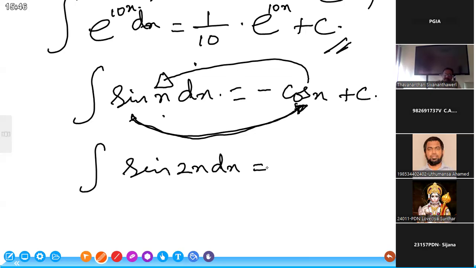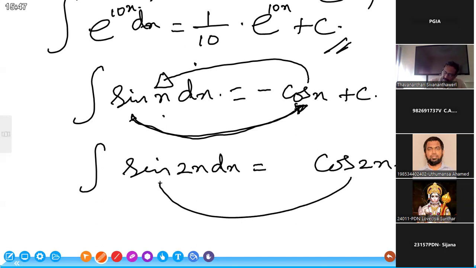If you reverse the process, if you take the differentiation, it should be sine 2x. So minus half cos 2x. If you reverse the process, let's say minus cos 2x, fine, one component is sine 2x.